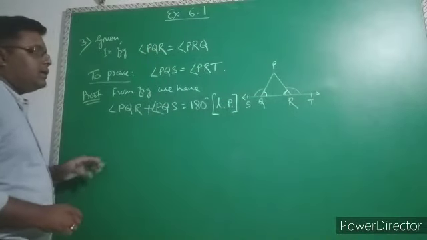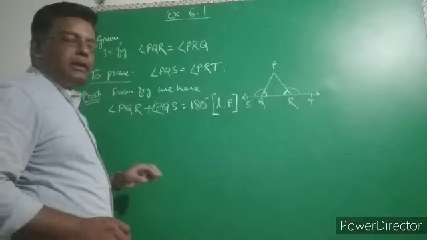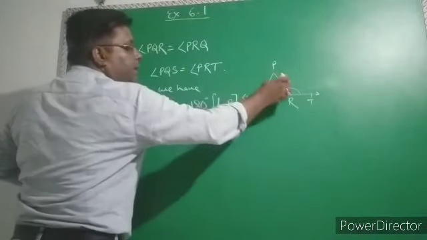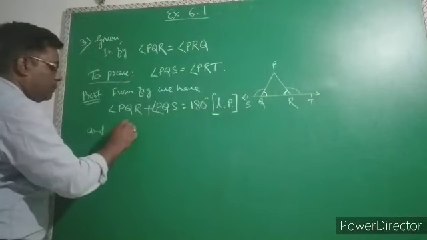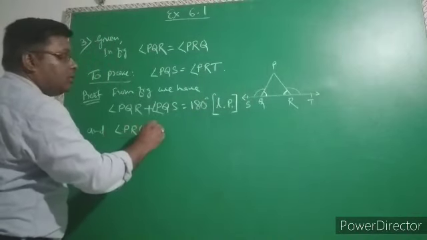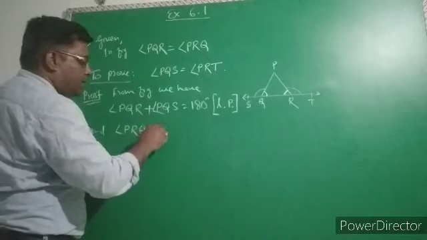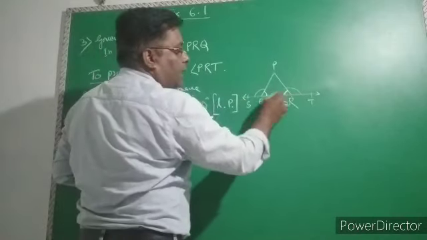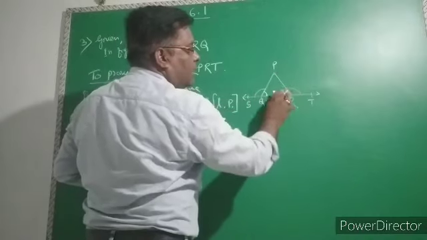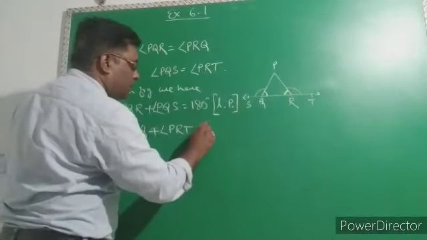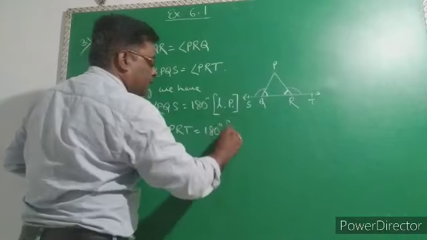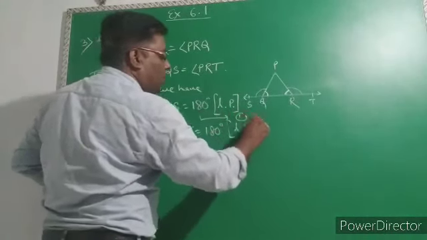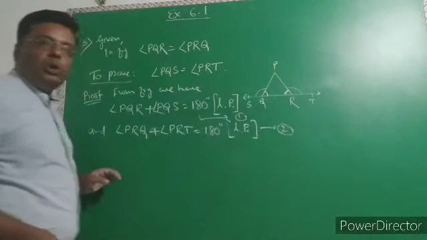So their sum is 180 degrees. And similarly, angle PRQ plus angle PRT. They are also a linear pair. So it is equal to 180 degrees. Linear pair. So give equation number 1 and equation number 2.